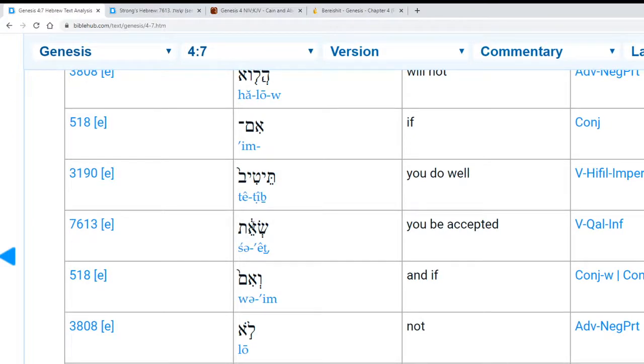so sin aleph hey, maybe, means to raise. They're translating it as to accept, but it means to raise. If you improve, will it not be raised? Will it not go up?